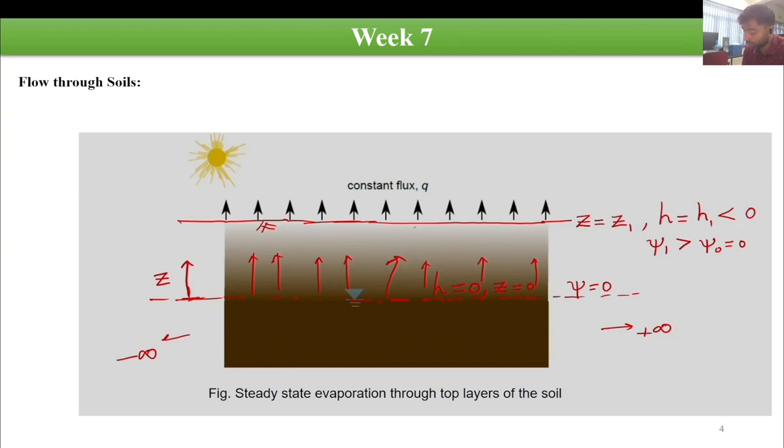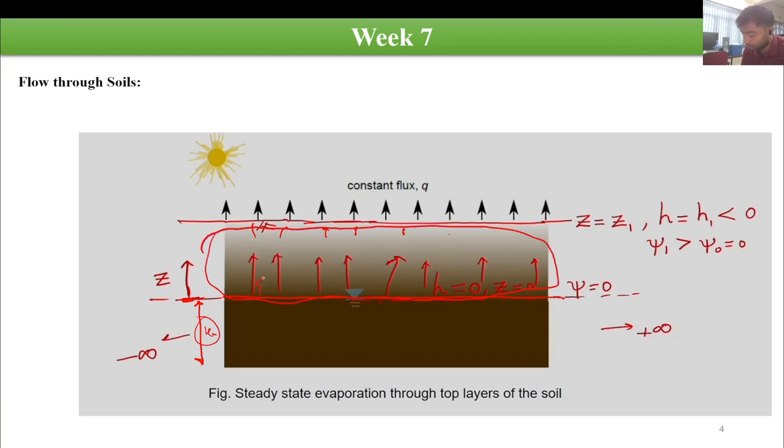To understand this, this is a cross section from a field, and we can see the water table is at this depth, let's say H naught. The evaporation is taking place on the top surface, and this evaporation depends on the temperature also. After a while, when the water has evaporated from this side, this soil will be in the partially saturated or unsaturated zone.